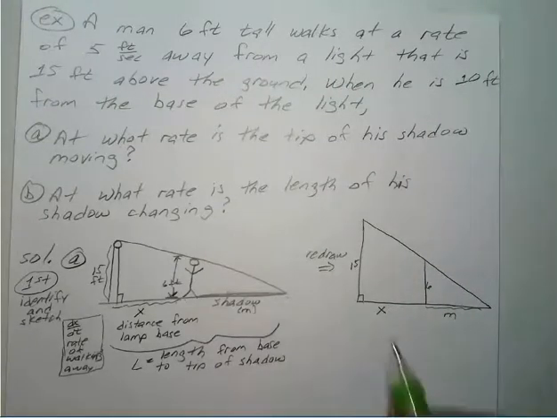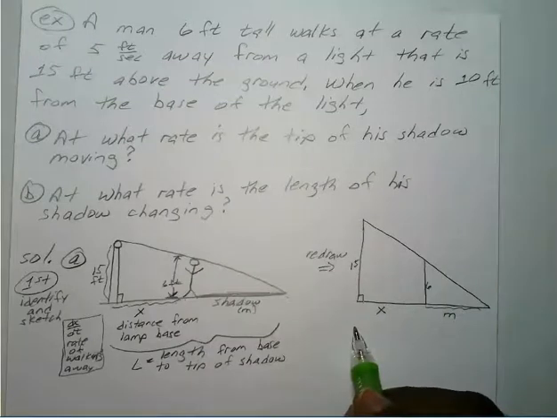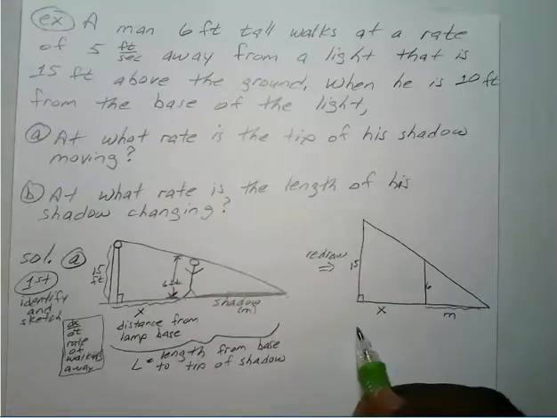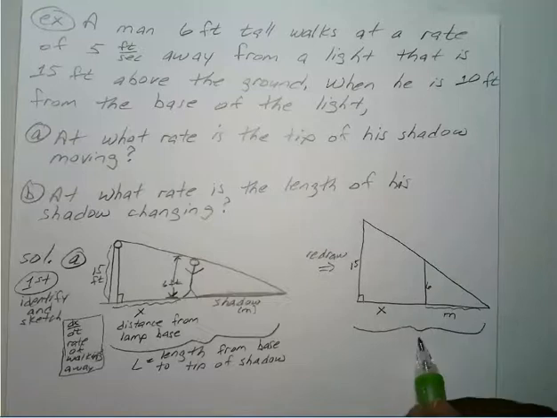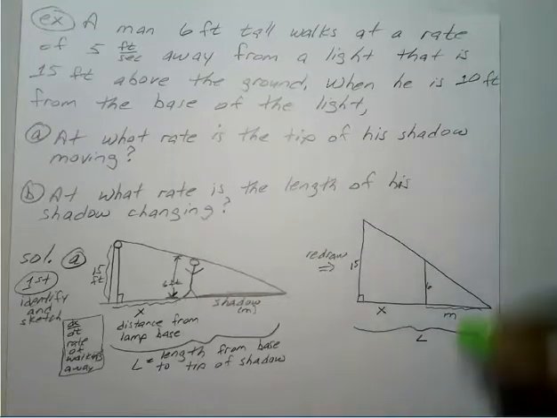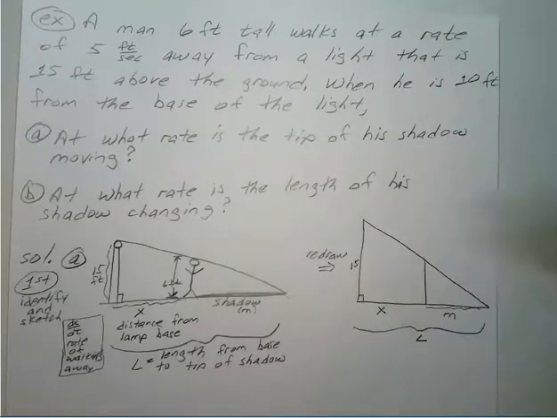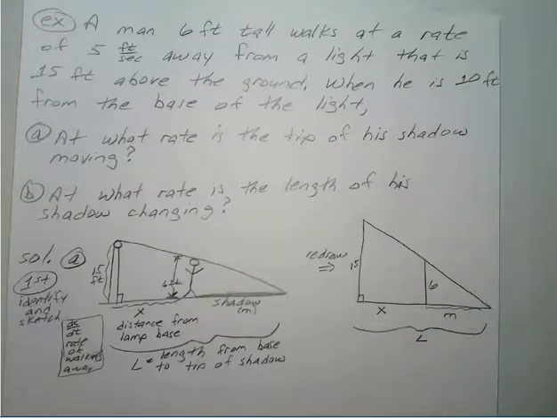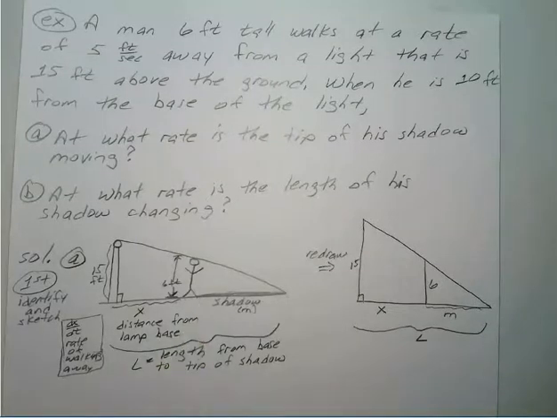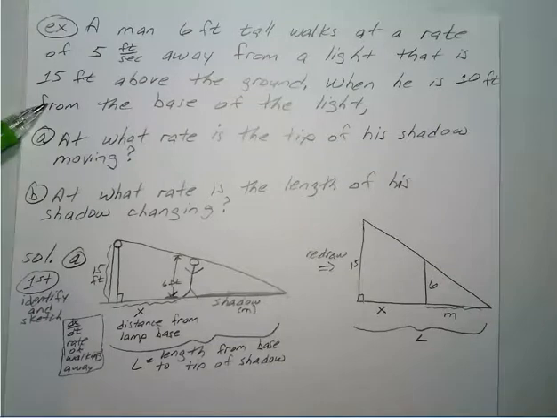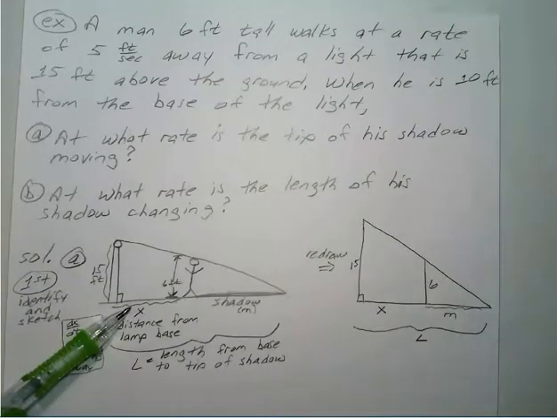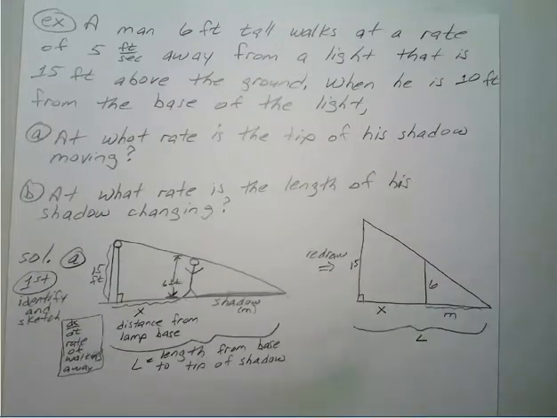I just picked M. And the length from the base of the lamp to the tip of his shadow, remember that is L. Well, let me clean up this 6 a little bit. Okay, so now we have something a little more familiar that we can work with. We don't have all of this. Okay, so we were able to turn our question into our drawing, into an actual geometric shape that we can use. All right, so we're good on our first step.